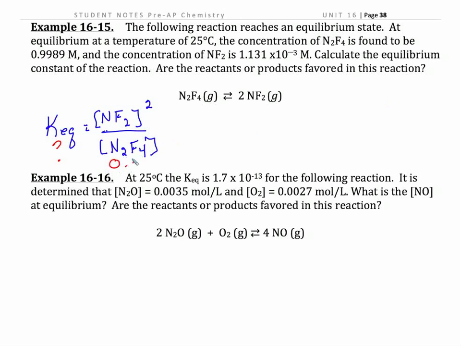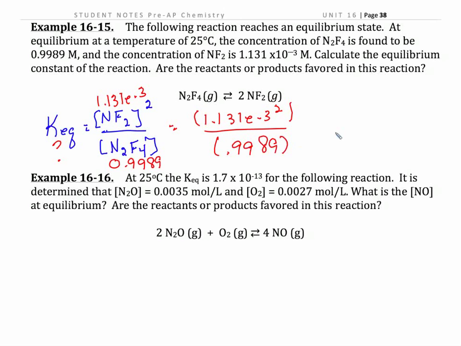It gives me this concentration as 0.9989, and it gives me this one as 1.131 times 10 to the minus 3rd. So KEQ is 1.131 times 10 to the minus 3rd squared over 0.9989. If you crank out that algebra, and I'm going to take it to 4 sig figs, I get 1.281 times 10 to the minus 6. Then we don't have to worry about units. Kind of sweet.